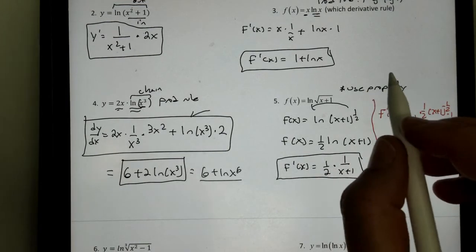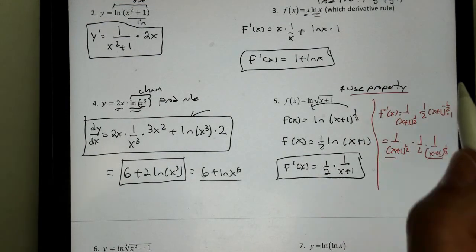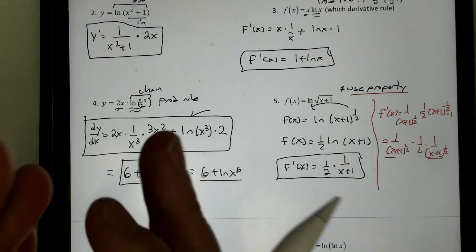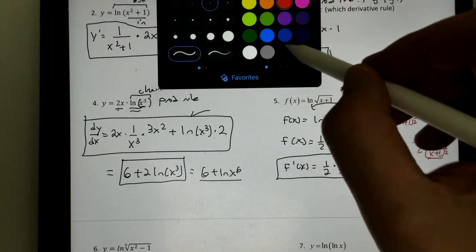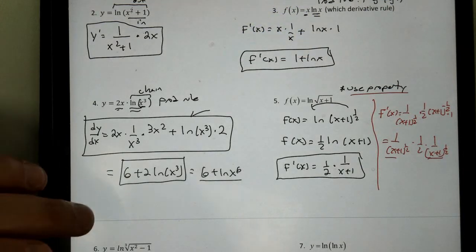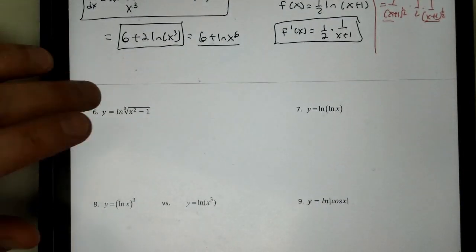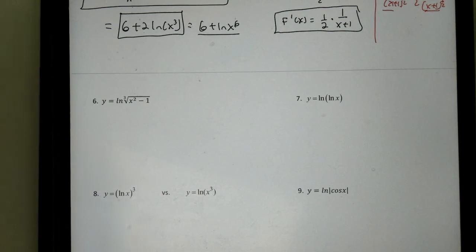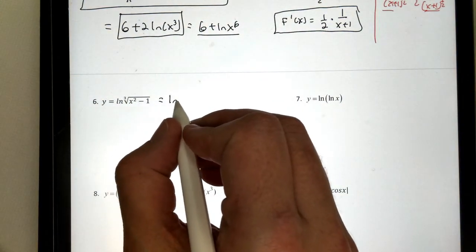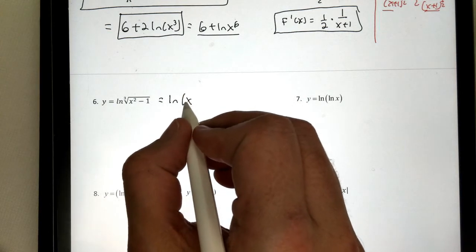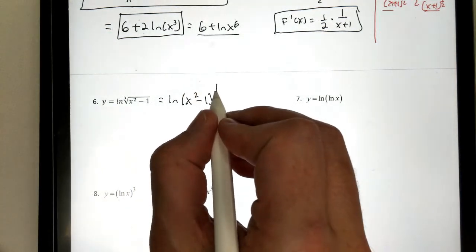And that's why logs have properties, because they're going to allow us to work these problems simpler. So let's take a look at another one using our property. Number 6. Here we go. Oh, this is the cube root. So I'm going to rewrite this as the natural log of x squared minus 1 to the 1/3.